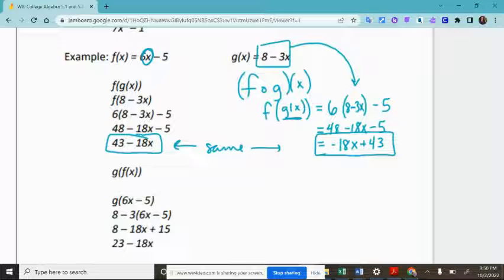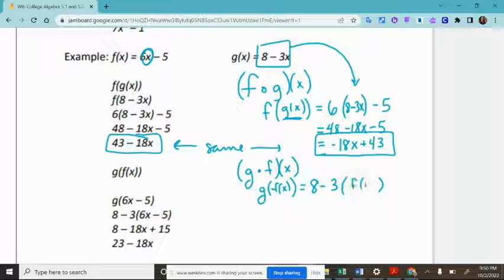But what's interesting to me is if we switch the order that we do this in, if we do g following f of x, so g of f of x. So this time we're going to start with the g function, 8 minus 3, and instead of putting in x, we're going to put in all of f into there, right? The whole function f of x.